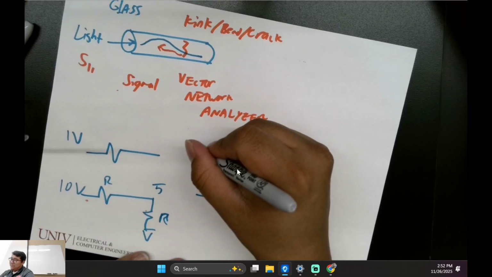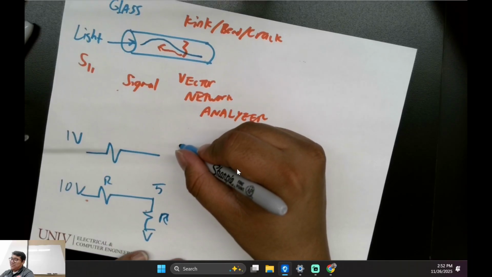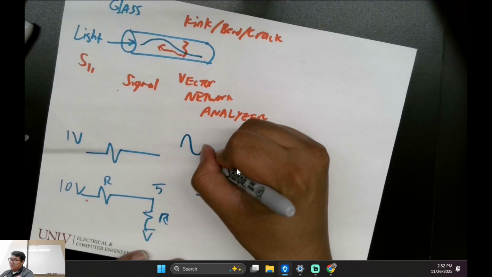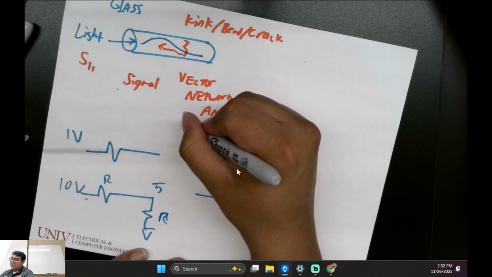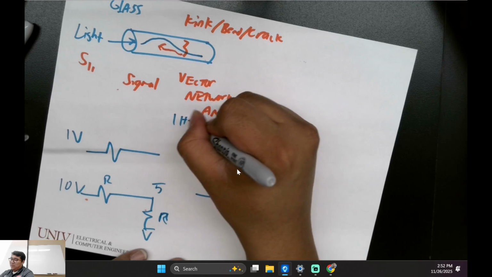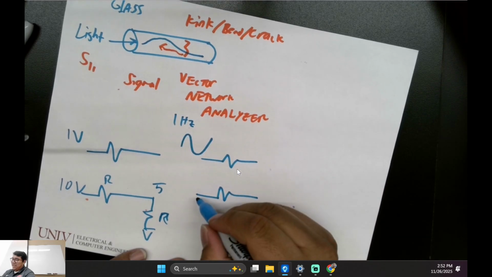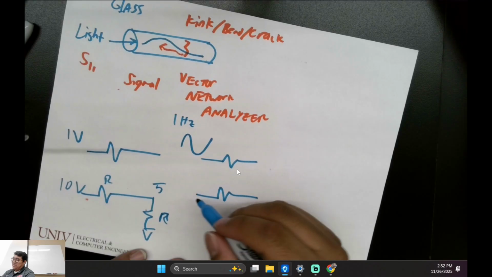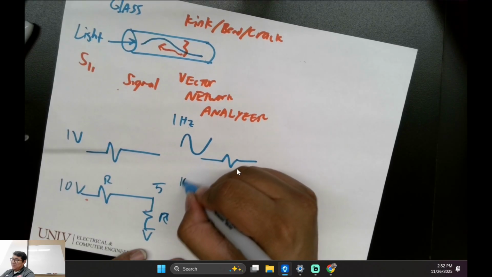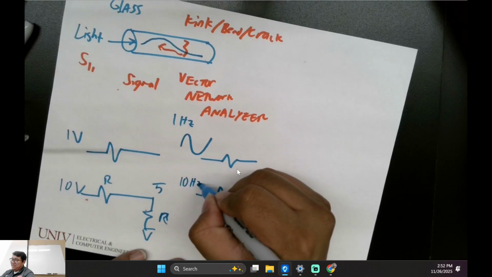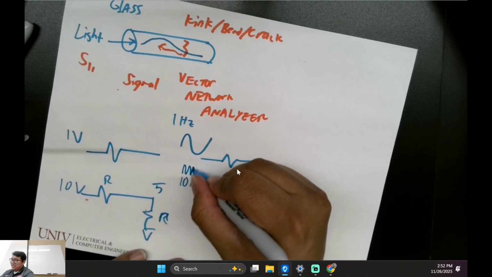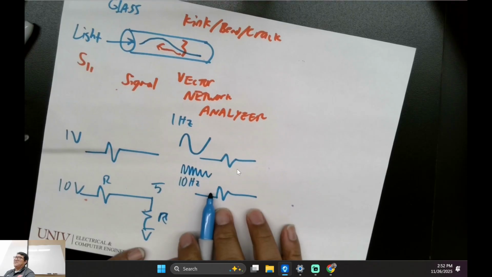Let's just say I have a frequency, and I'm just going to do some funny sine wave, like 1 hertz. And then let's say I wanted to do a 10 hertz signal right here, so it's oscillating like this. It's a really fast sine wave.